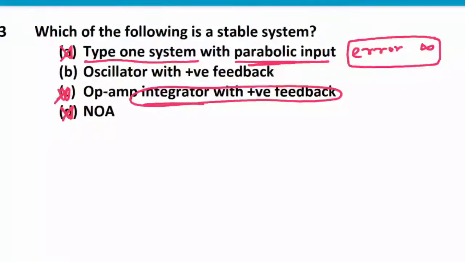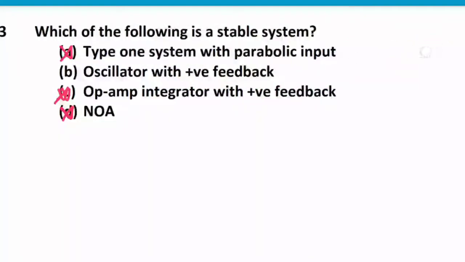An integrator is always with negative feedback, not positive feedback, and all systems with positive feedback are unstable except the oscillator. So the only stable system is the oscillator with positive feedback. This is the exception. So here the answer is the oscillator with positive feedback.